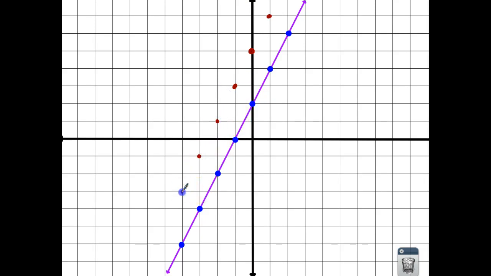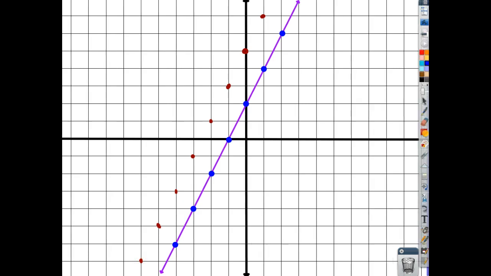And you see here we have lines that will never intersect each other because their slopes are the same. Let's just clear off those marks here. Okay, parallel lines.